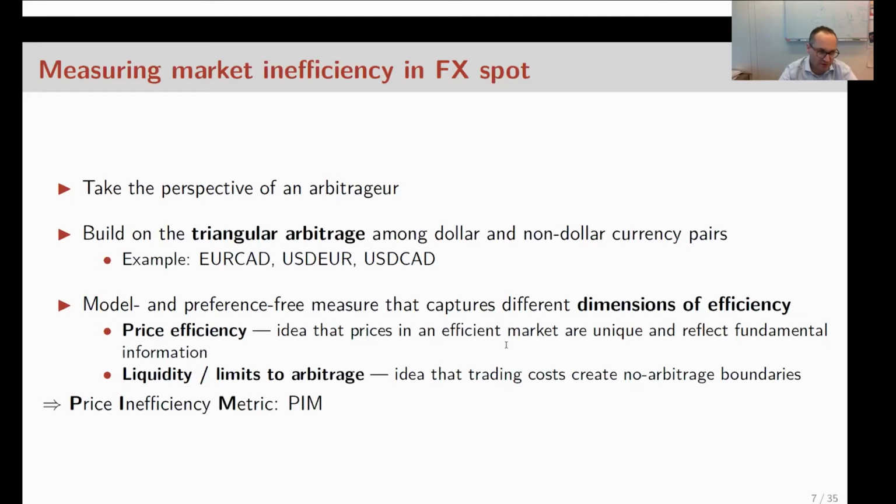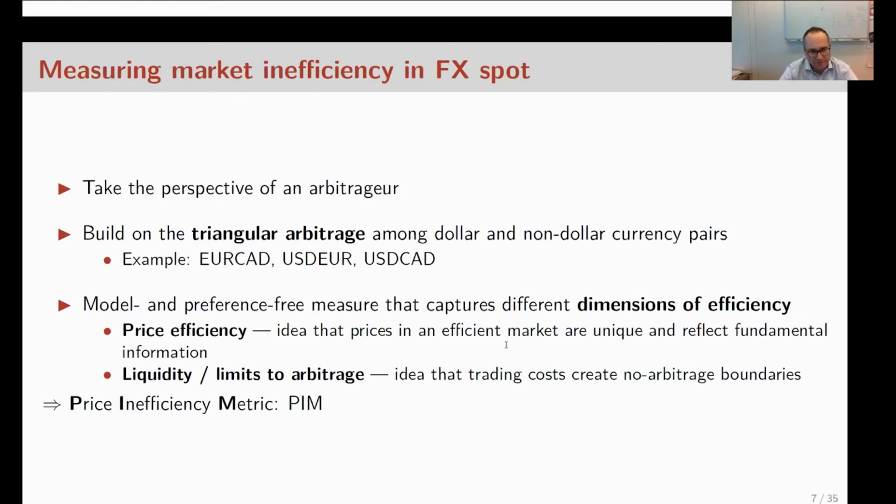As an example, a non-dollar cross that could be traded is the exchange rate between the euro and the Canadian dollar, whereas the euro and the Canadian dollar are also each traded against the US dollar. So it's a quite classical trade for FX spot traders to focus on this triangular arbitrage relationship between these three crosses.